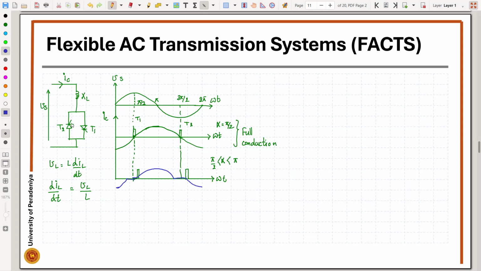So this would be the waveform I see with the partial angle alpha from 5/2 to 5, within that region.